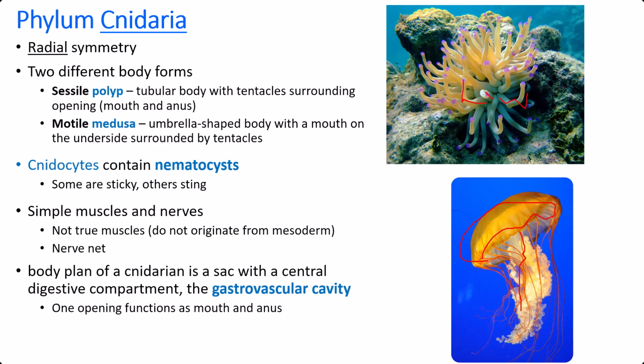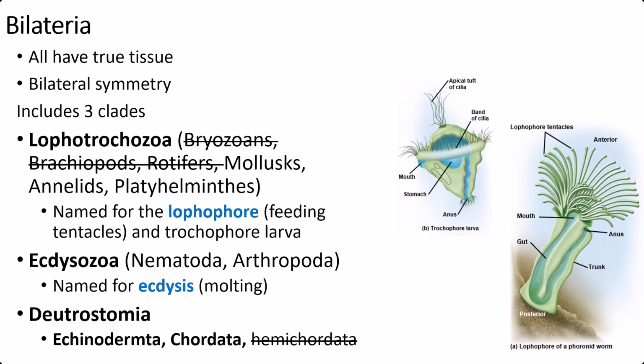So we did asymmetrical organisms, the phylum Porifera sponges, radially symmetrical organisms, the cnidarians, and then the rest of the organisms we're going to talk about are in the Bilateria grouping. So they are bilaterally symmetrical, and these organisms all have true tissue. This includes three clades: the lophotrochozoans, which we'll talk about the mollusks, annelids, and platyhelminthes.